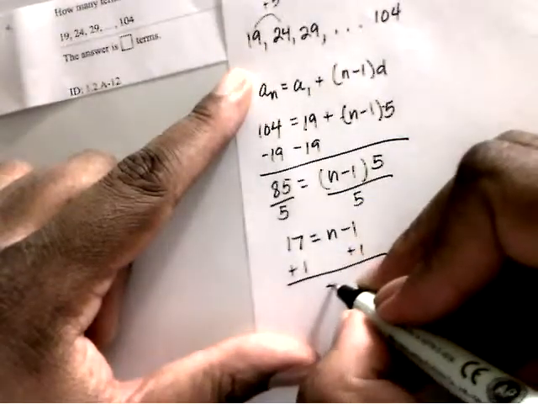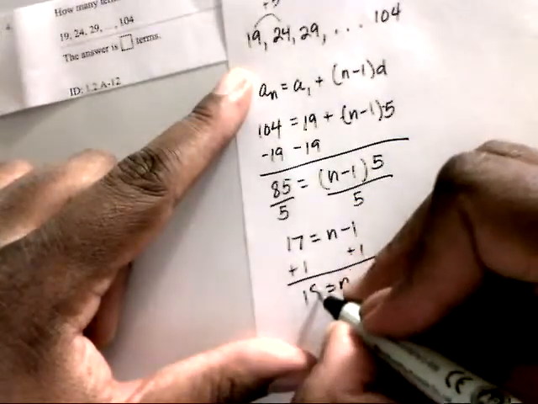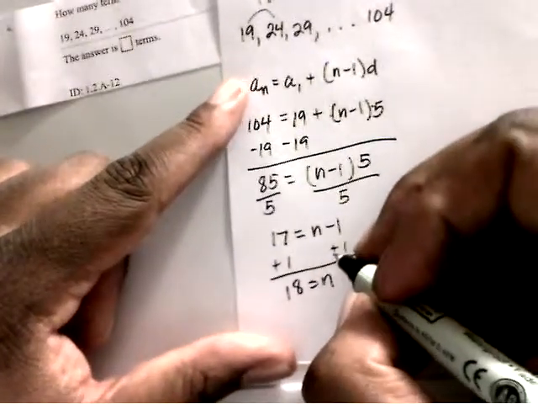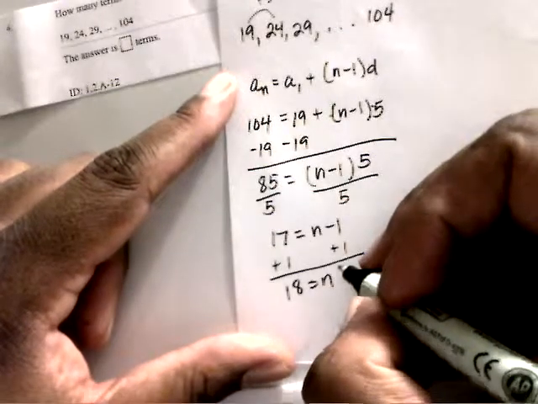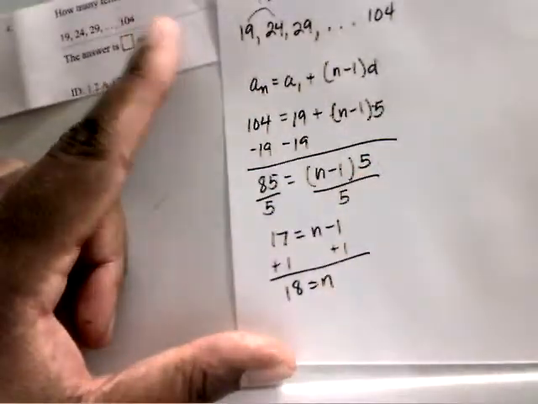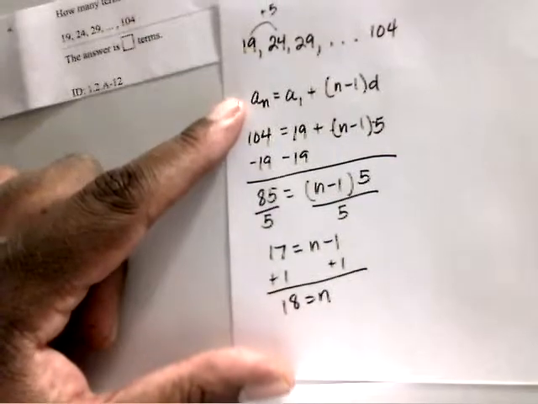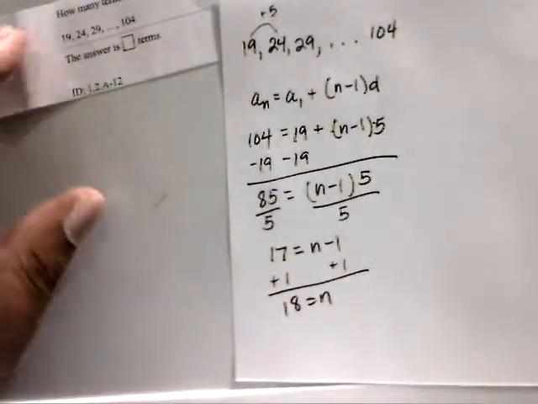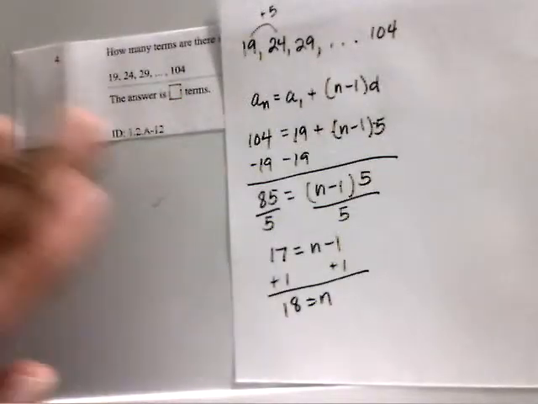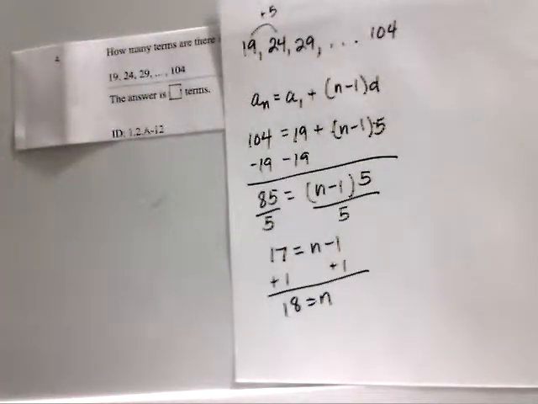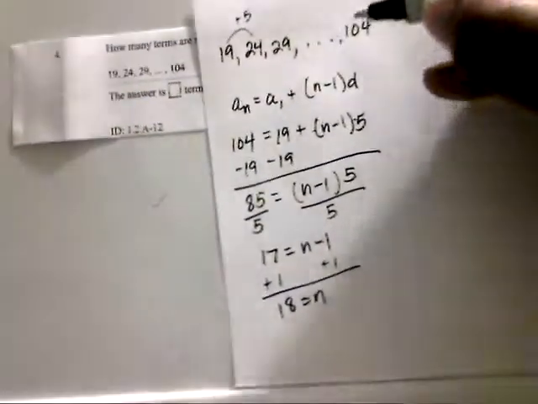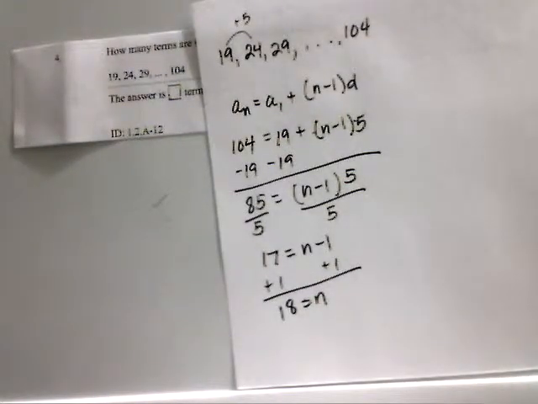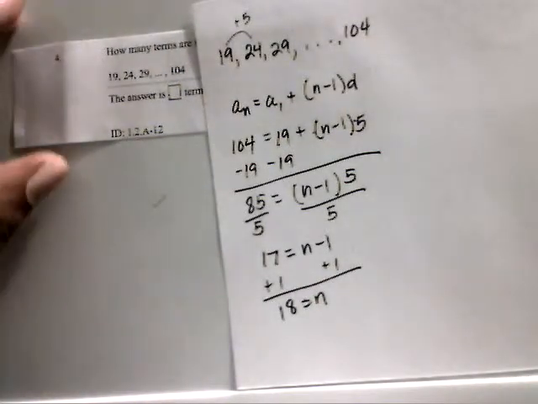Add 1, you're going to get n is equal to 18. Which means 104 is the 18th term in that sequence, which means that there are 18 terms in that particular sequence of 19, 24, 29, and so on up to 104. So there are 18 terms in this sequence.